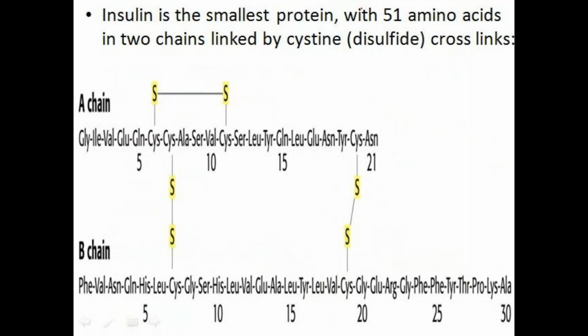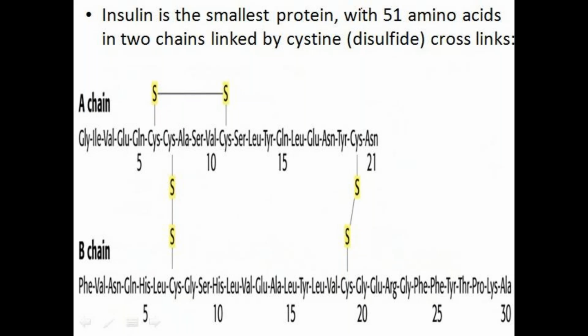Insulin is a hormone and the smallest protein, containing 51 amino acids in two chains. These are linked by disulfide bonds. What are disulfide bonds? Two cysteine units combine to form a cystine with a disulfide bond.